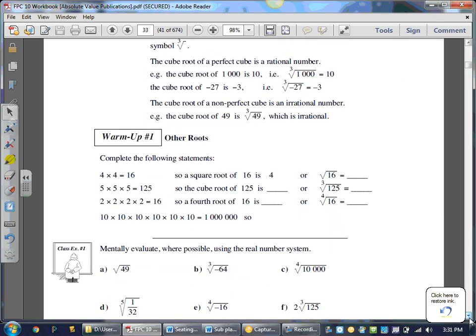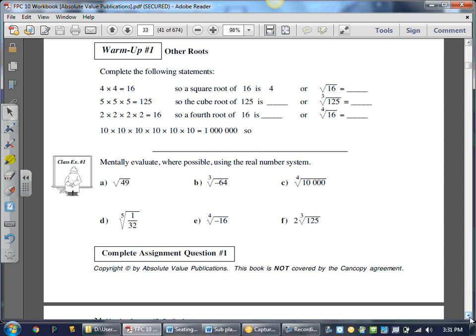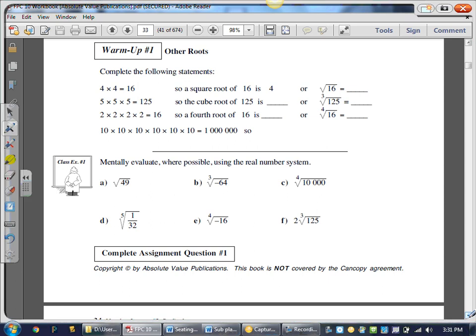Okay. Go down here. So you see 4 times 4 is 16 under the warm-up, so the square root of 16 is 4. You can write it like this. This is all very redundant. You've seen this many times before. The cube root of 125 is 5, since 5 times 5 times 5 is 125. The 4th root of 16, because 2 times 2 times 2 times 2 is 16, is 2.